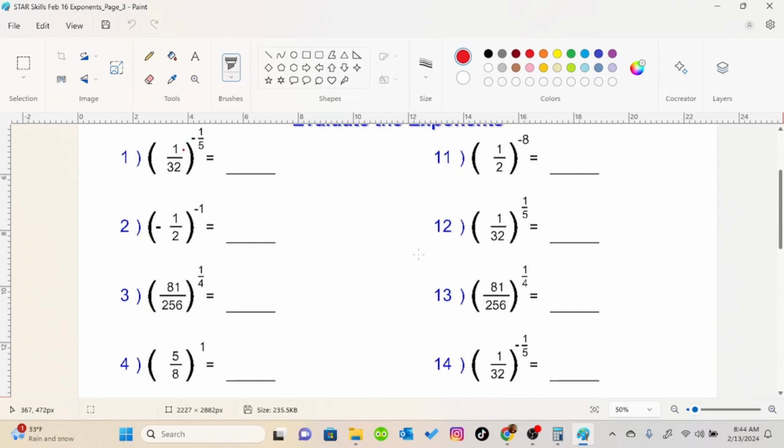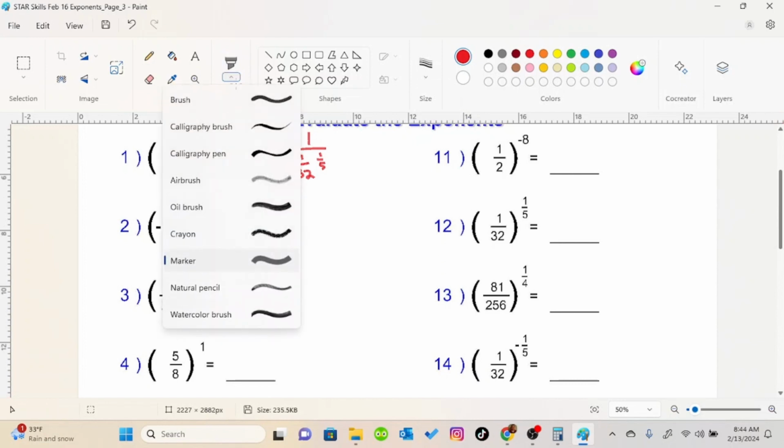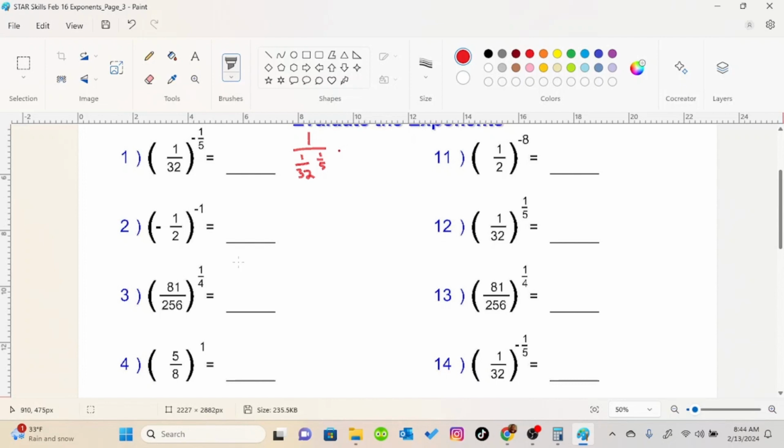So number 1, we have 1 over 32 to the negative 1 over 5 power. So the negative means 1 over. And the 1/5 power means we want the 5th root.